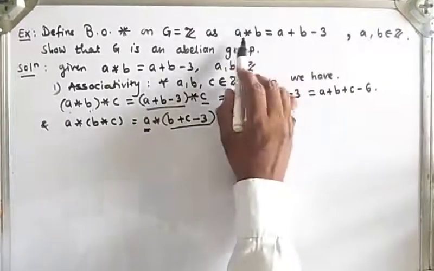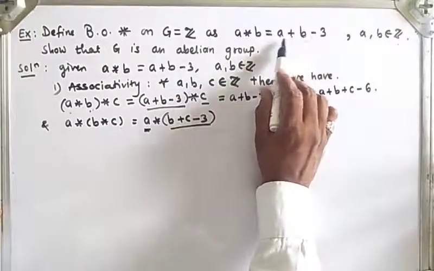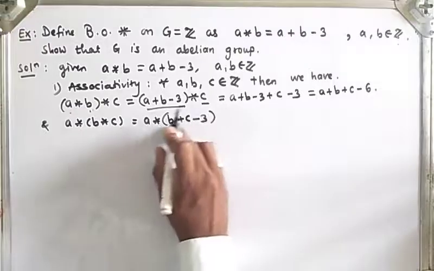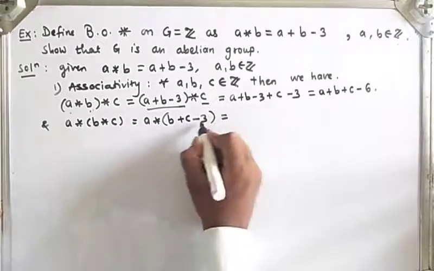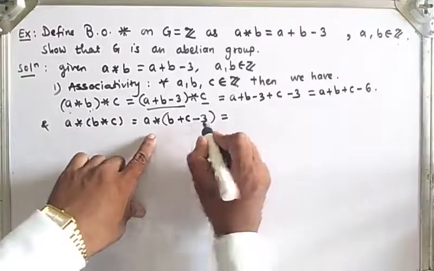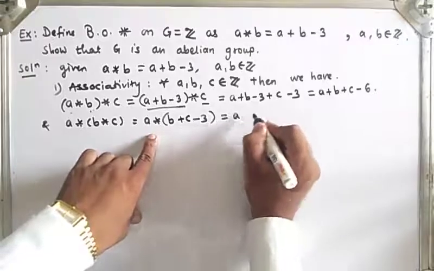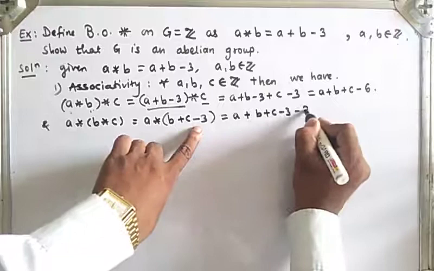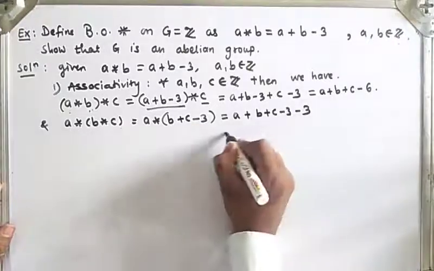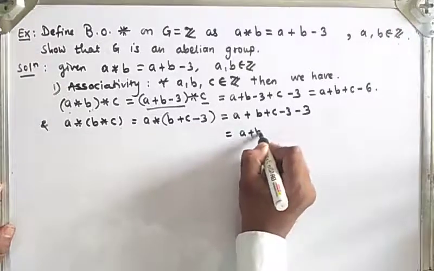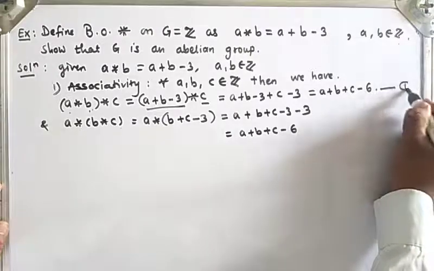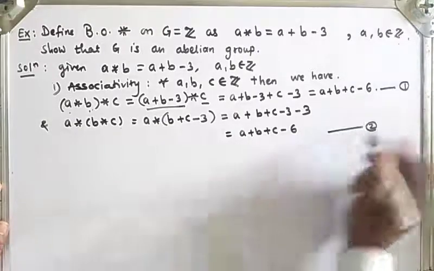Using the same definition again, a star (b plus c minus 3) is the addition of these two elements minus 3, so a plus b plus c minus 3 again minus 3, which is equal to a plus b plus c minus 6. So this is equation 1 and this is equation number 2.